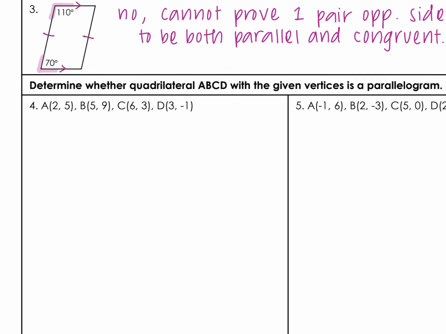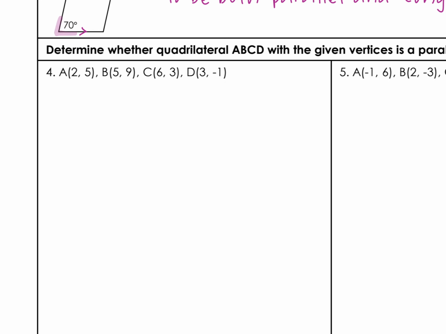All right, so I'm going to zoom in, and we kind of talked about this in the previous lesson, but remember, we have a few different ways we can do this. In the last lesson, last notes, I was proving that the diagonals bisected each other by using my midpoint formula. So I've done that example already. I'm going to try in these 2 here doing another way.